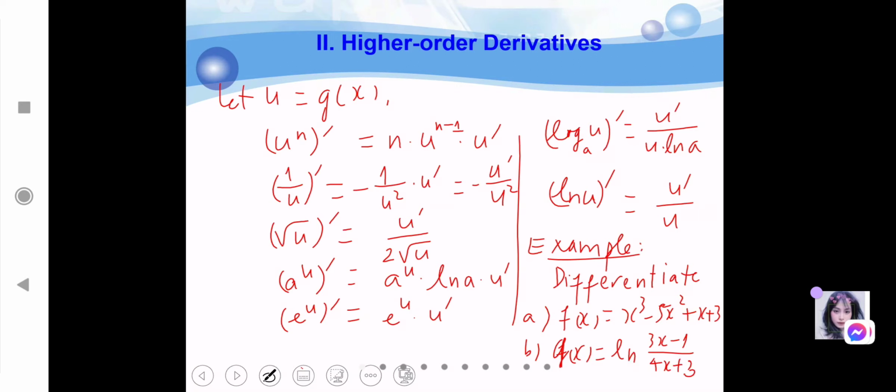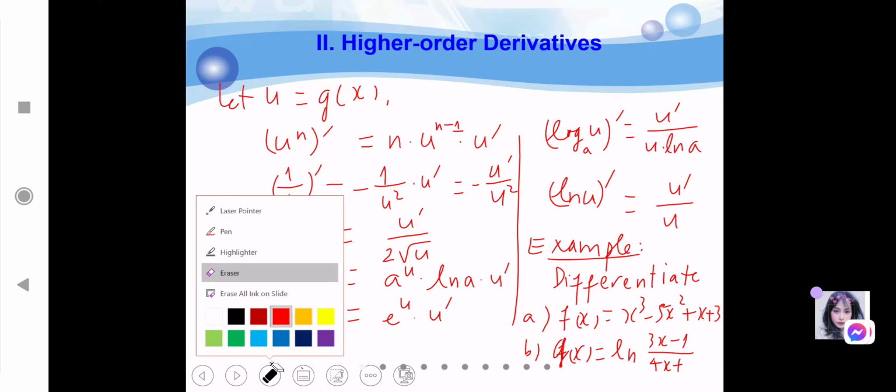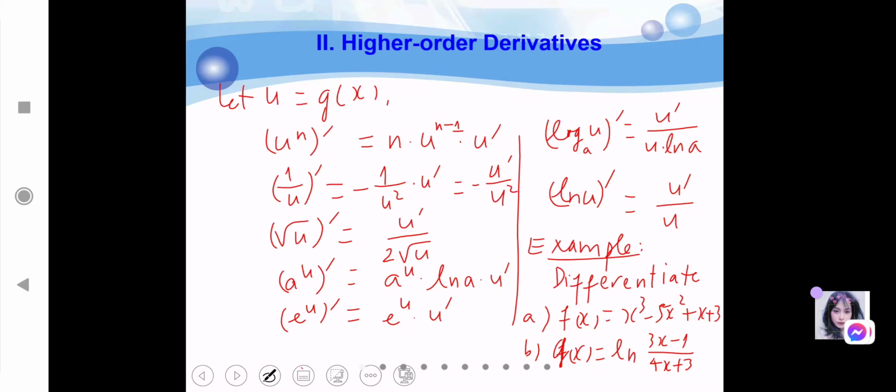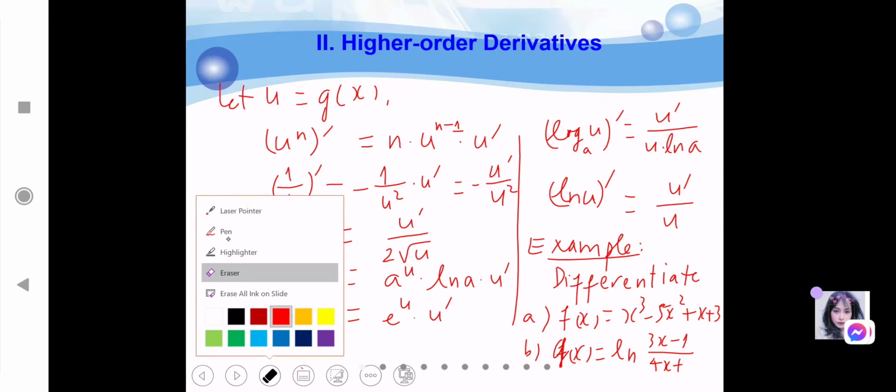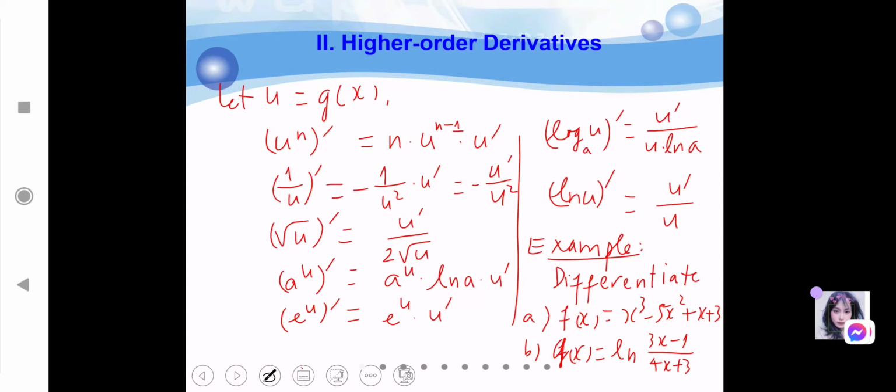Okay. Differentiate means you find f prime x or g prime x.